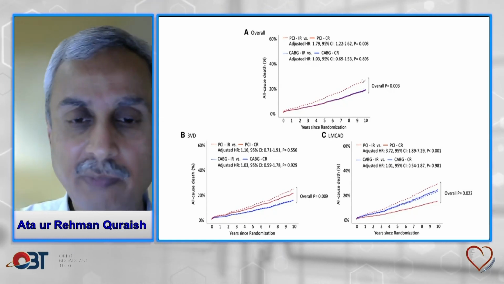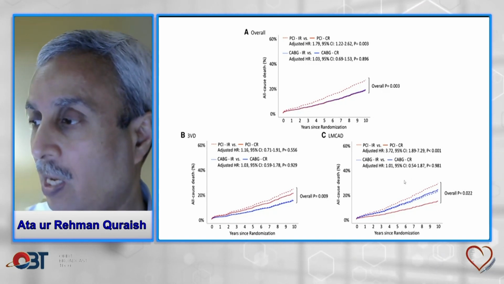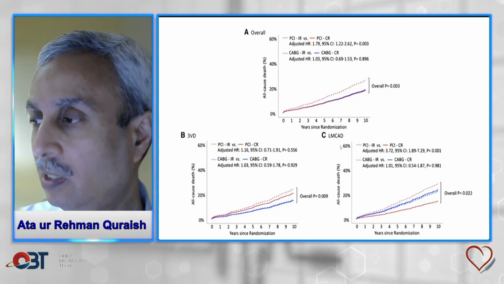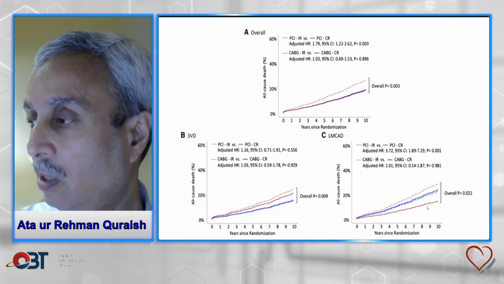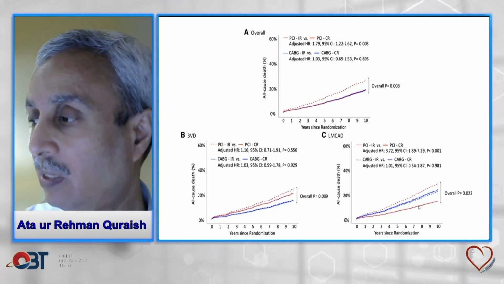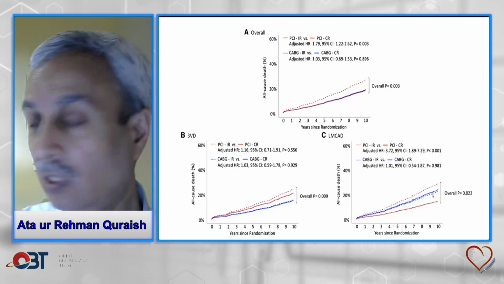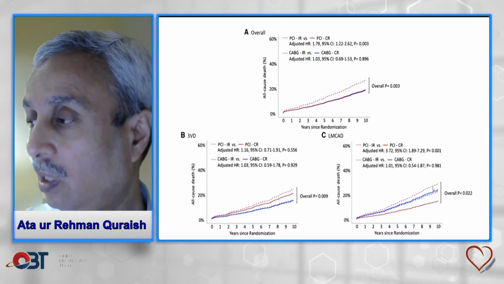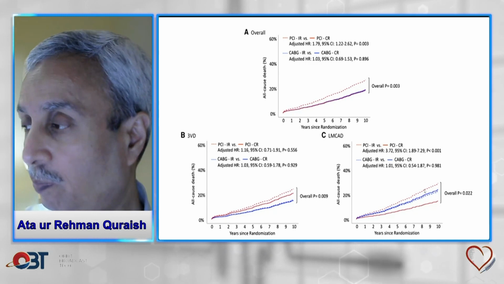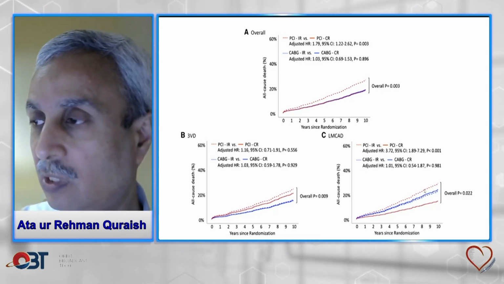patients received incomplete revascularization. In isolated left main coronary artery disease with low SYNTAX score, PCI, in fact, provided better outcomes compared to heart surgery, whether it was complete or incomplete revascularization; PCI had the worst outcomes.